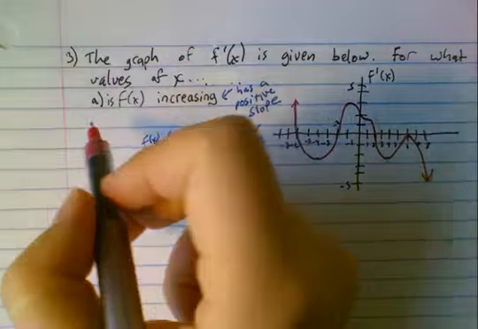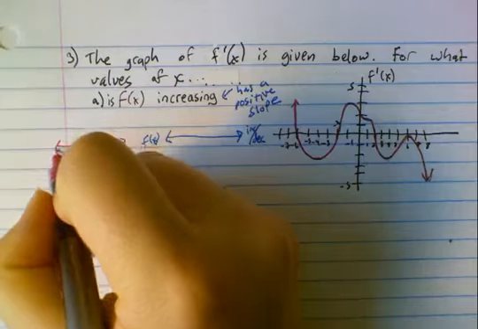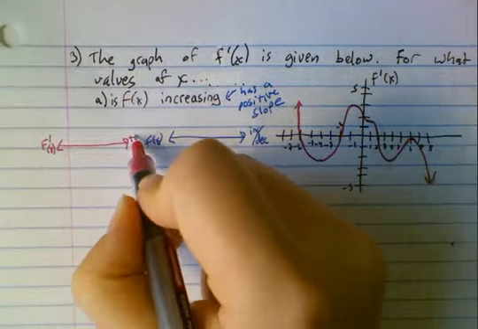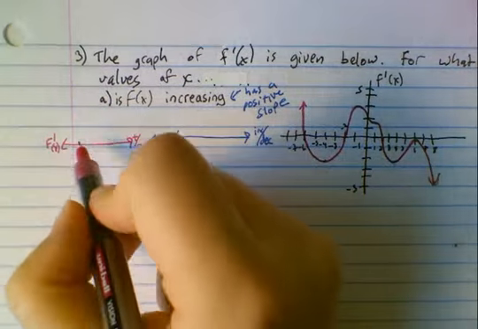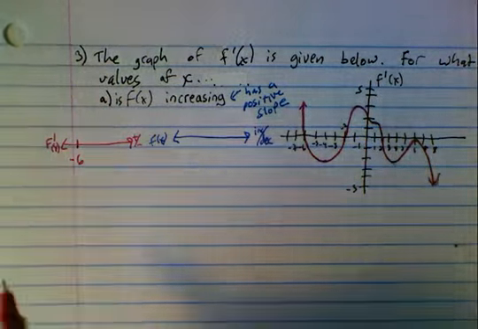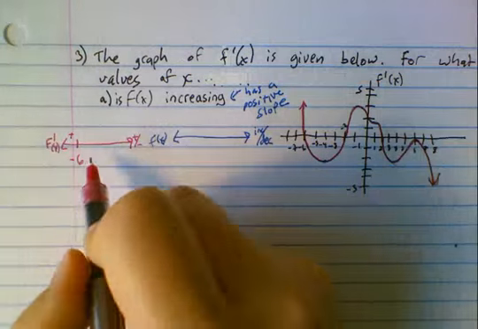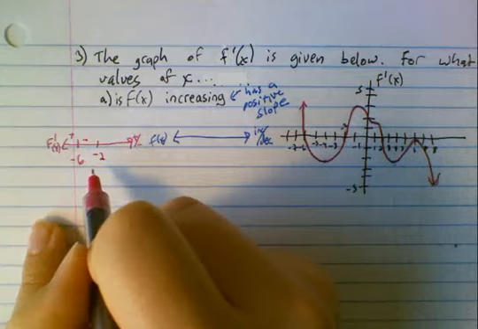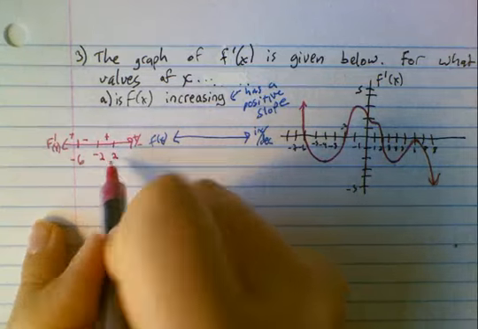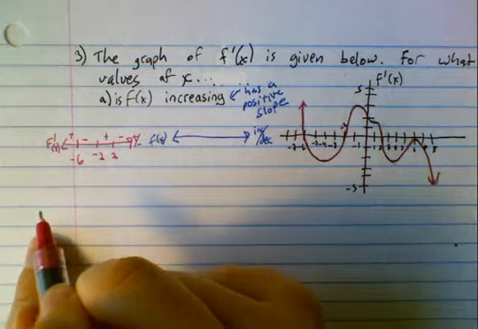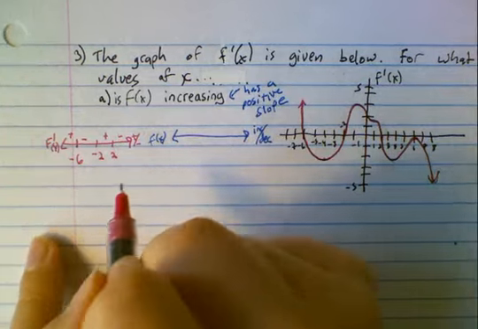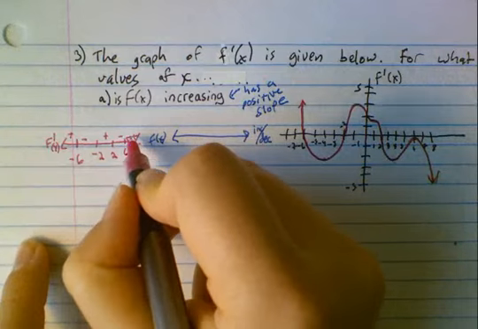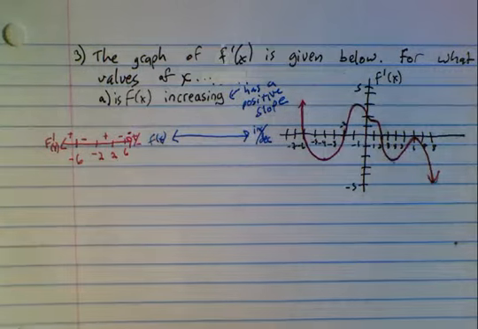We have f prime of x. That translation is plus minus. So positive to negative 6, negative to negative 2, positive to 2, negative to 6, and negative after that.